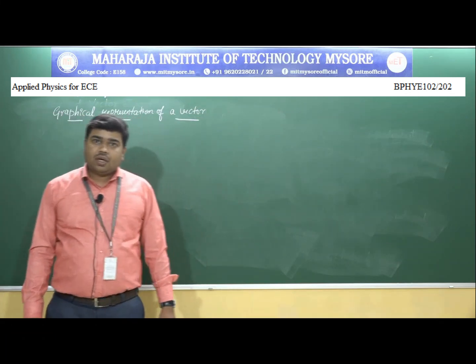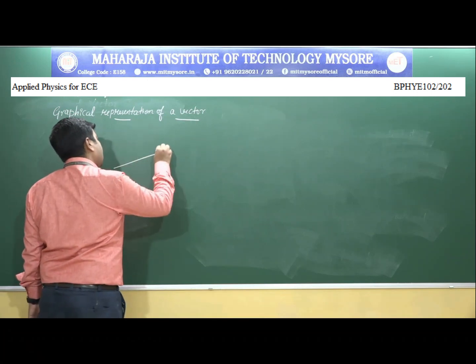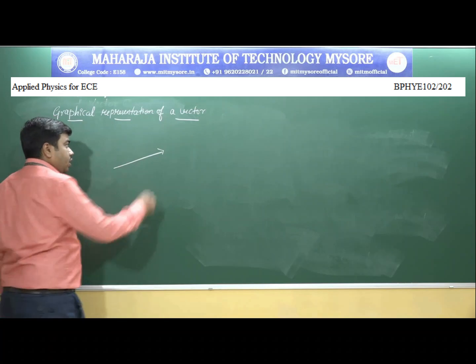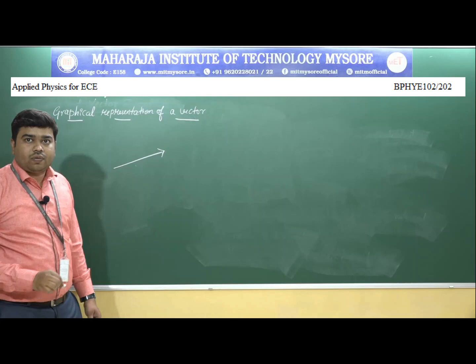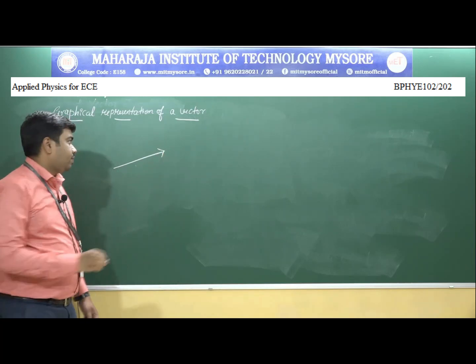Basically, a vector can be represented graphically by a straight line with an arrowhead. Here, the length of the straight line indicates the magnitude of the vector and the arrowhead indicates the direction of the vector.